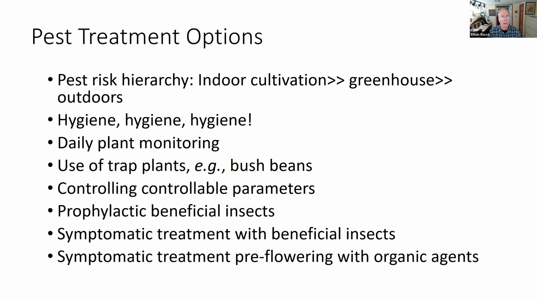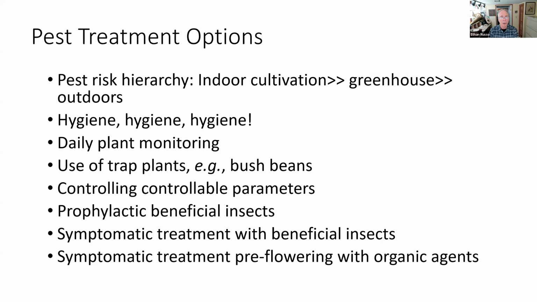In terms of pest treatment options, we've seen again this hierarchy: indoor has greater risk of pests, more than greenhouse, more than outdoors. Hygiene is essential. Plants should be looked at daily. It's possible outdoors in particular to use trap plants like bush beans.